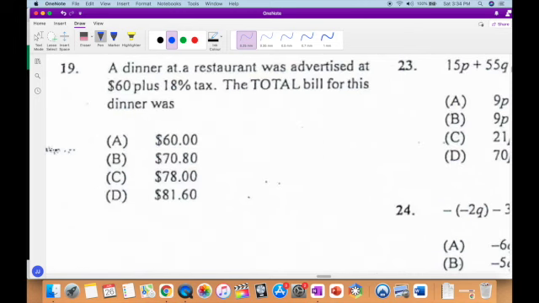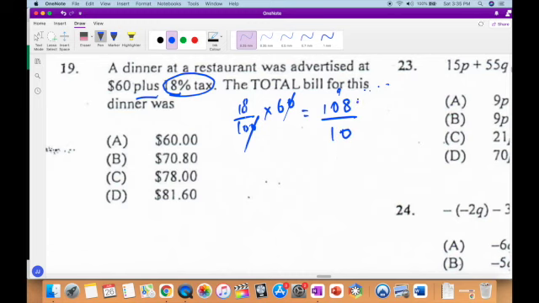Right? So a dinner at a restaurant was advertised at $60 plus 18% tax. What's the total? So I'll find 18% of $60. 6 8s are 48, and 6 1s are 6, so that's 108 divided by 10, which gives me $10.80.